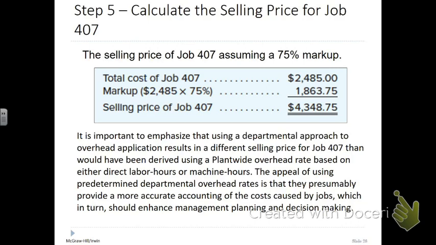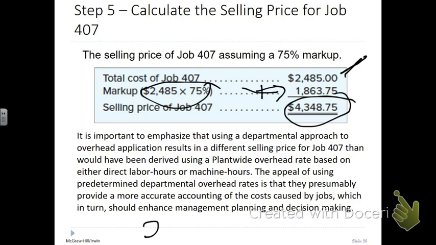Now notice the selling price of the job. In this particular case, they assume a 75% markup, and that would not be at all unheard of. So notice what happens. They take the total cost, multiply it by 75%, and add that together to come up with the price for the product. Another way to get there is to take the 2,485 times 1.75.